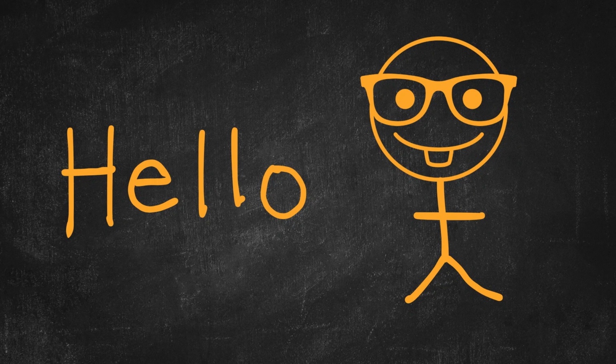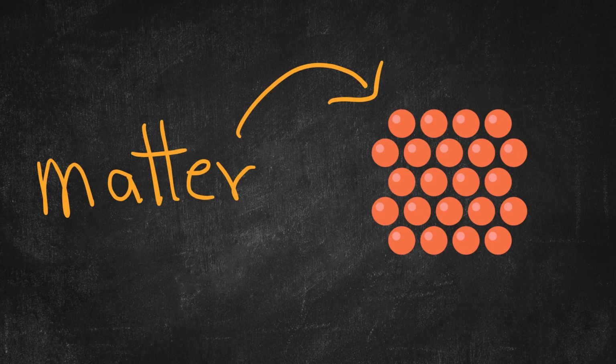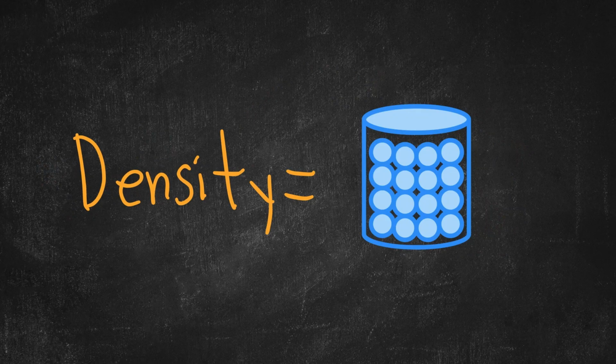But before we start, let's ask ourselves a question. What is density? Well, let me explain it to you in a simple way. Density tells us how packed matter is. In simple words, density is equal to how much mass is squeezed into a certain space.